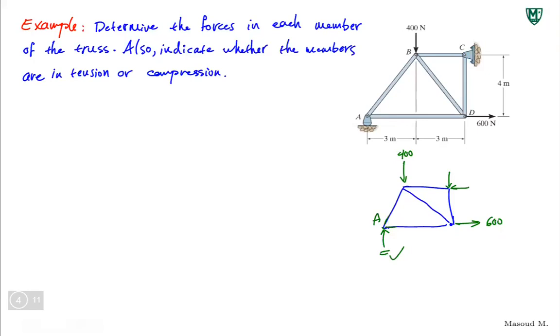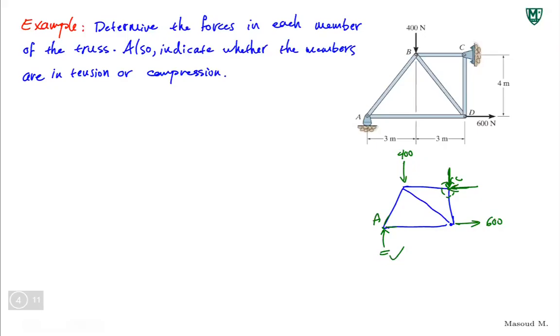I'm going to have 2 internal unknown forces and 1 external known force, so I can actually start from joint A. Or even if I find these 2 support reactions, this force here and this force there from my rigid body, then point C also is going to meet the requirement, because I'm going to end up having 2 known forces. I said I need at least 1 known force. So I'm going to have 2 known reactions and 2 internal unknown forces, which is fine because I can have at most 2 unknown forces.